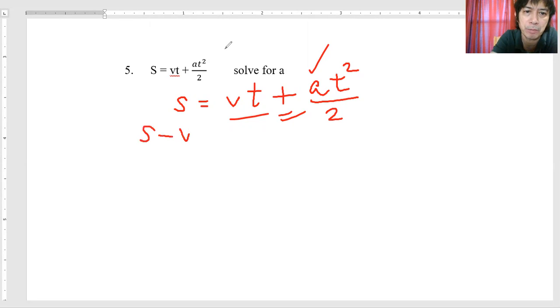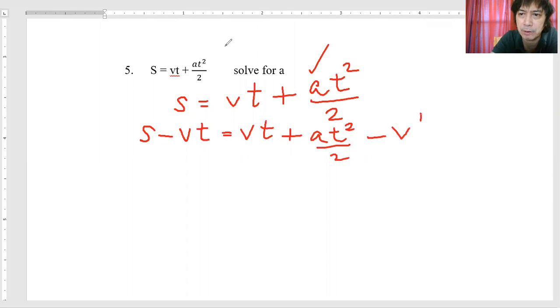This is going to be minus v times t. Let's remove the underline so it won't be confusing. So you have minus vt from the left side, and you have here the vt plus a t squared over 2, where we'll have vt minus there. So when you do that, this and this zeros out.